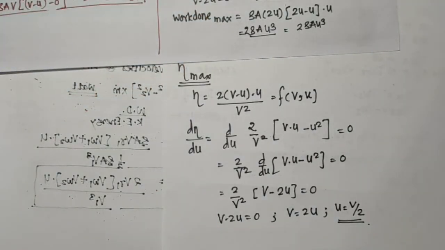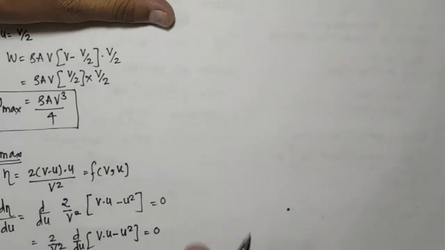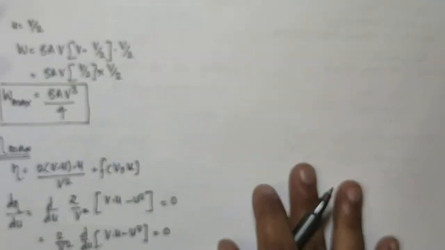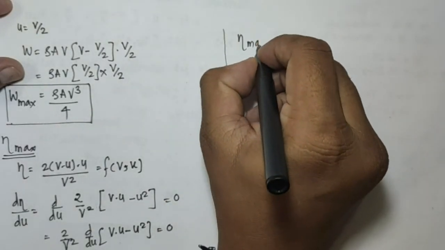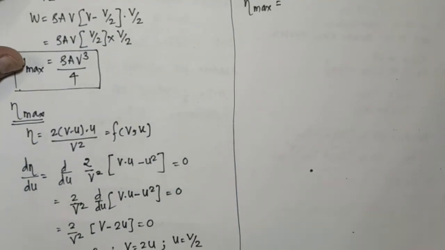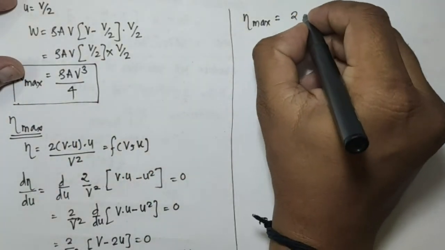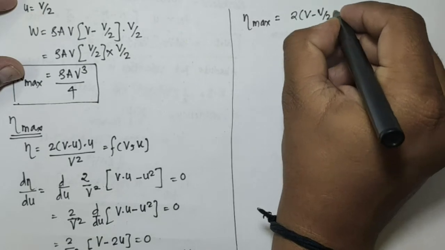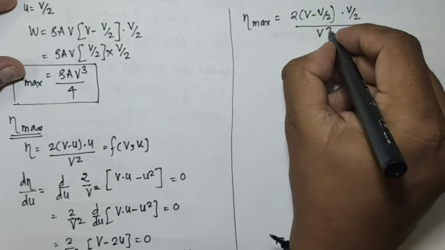If we put this value, V equal to 2U, in the equation of efficiency, we will get the maximum efficiency. So let us find that maximum efficiency. N max is equal to, putting this value of U in the equation, 2 into (V minus V by 2) into V by 2, divided by V square.